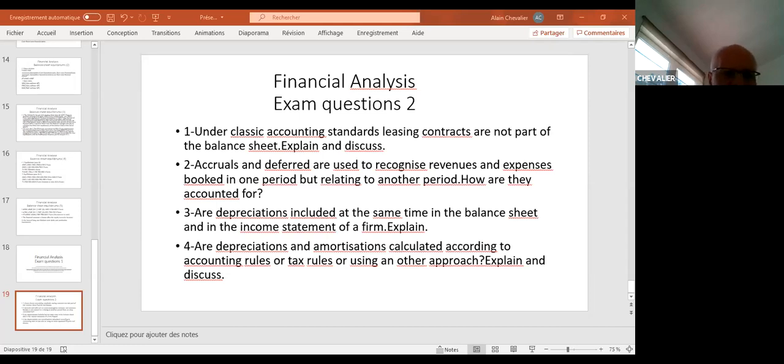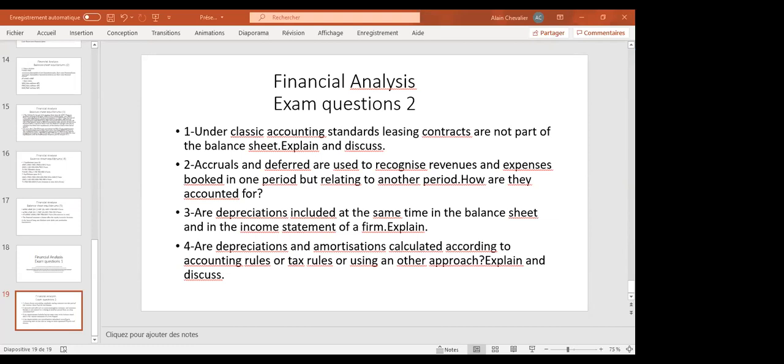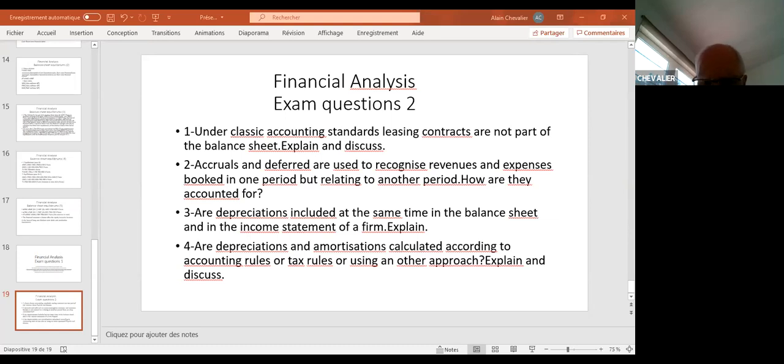So let's have a look at number 3. And perhaps after that you will get a break. So number 3, I hope you see my slide here. If you don't, just tell me that you don't see the slide.